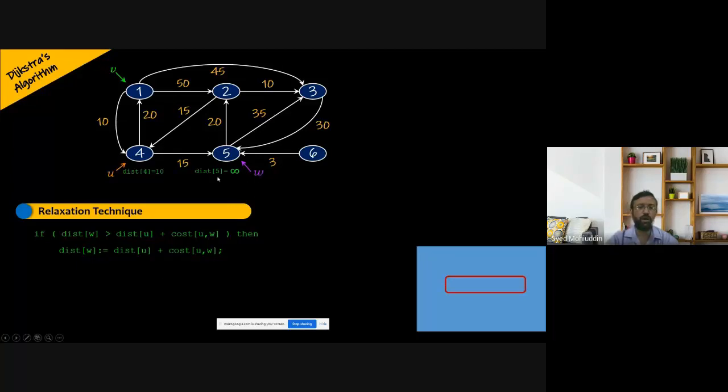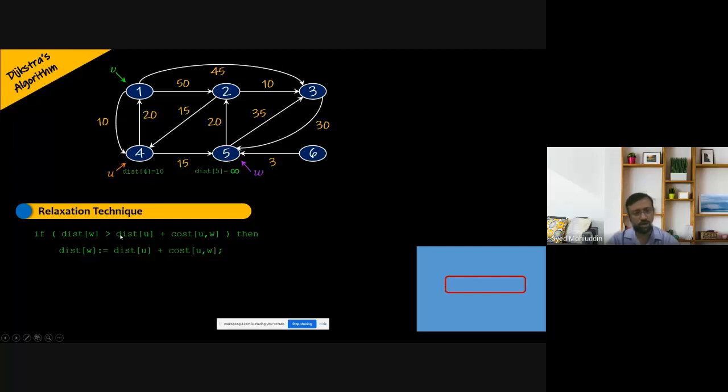So what is the distance of W? It is infinity. Infinity is greater than the distance of U. What is U? U is 4. Can we reach from vertex 4 to vertex 5? Yes, we can reach.